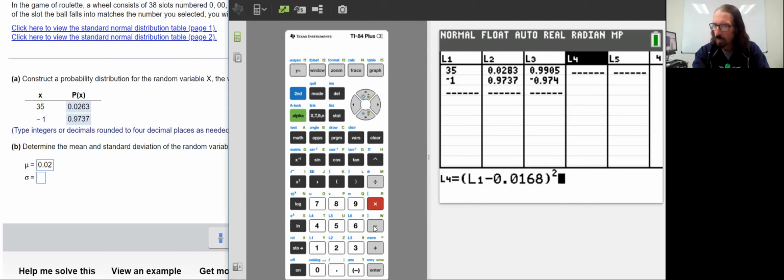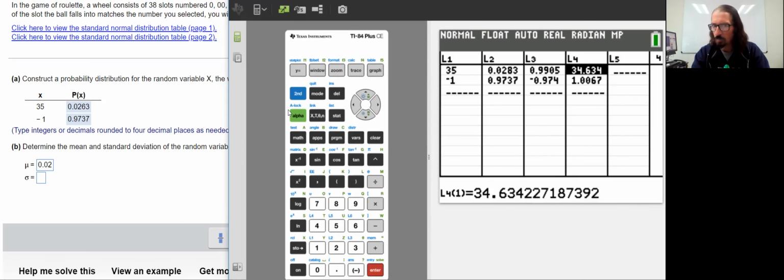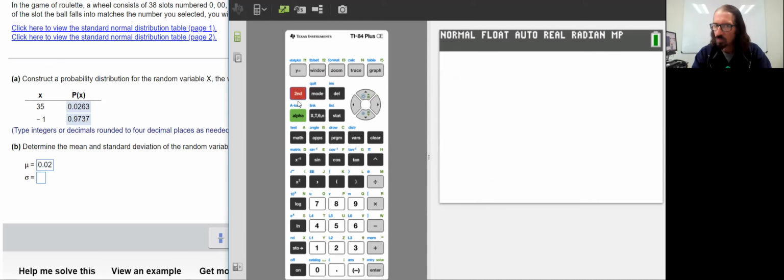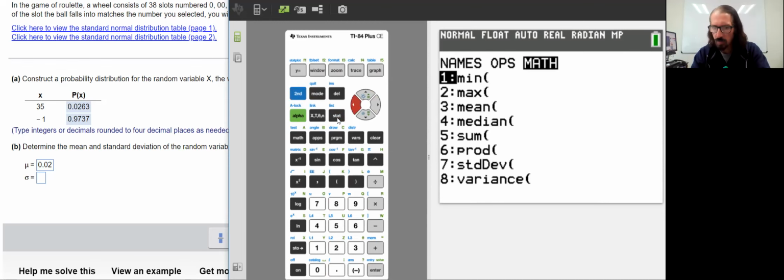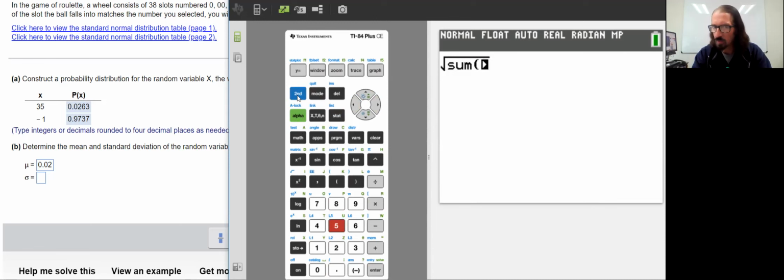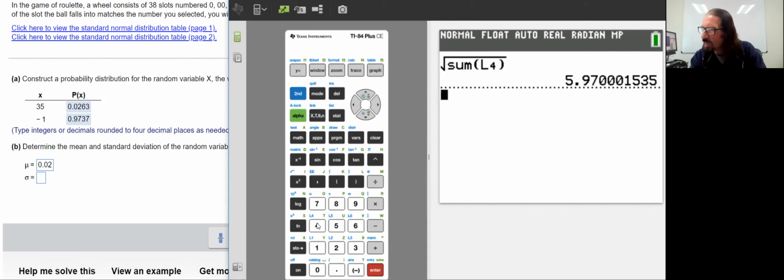Square all that and multiply by the probabilities in list 2. The sum of list 4 will be our variance, and our standard deviation will be the square root of that. I'm going to go to second stat and math to get the sum of what is in list 4. That would round to 5.97.